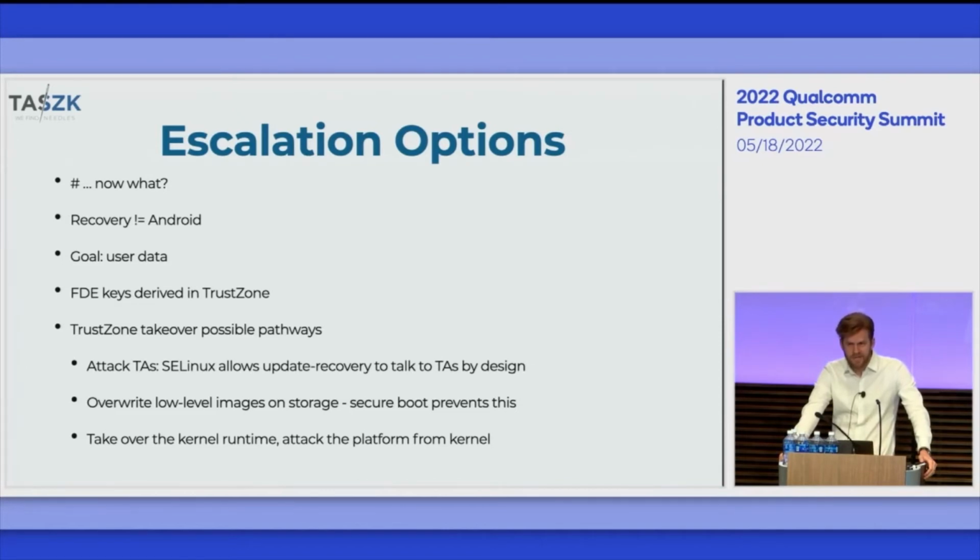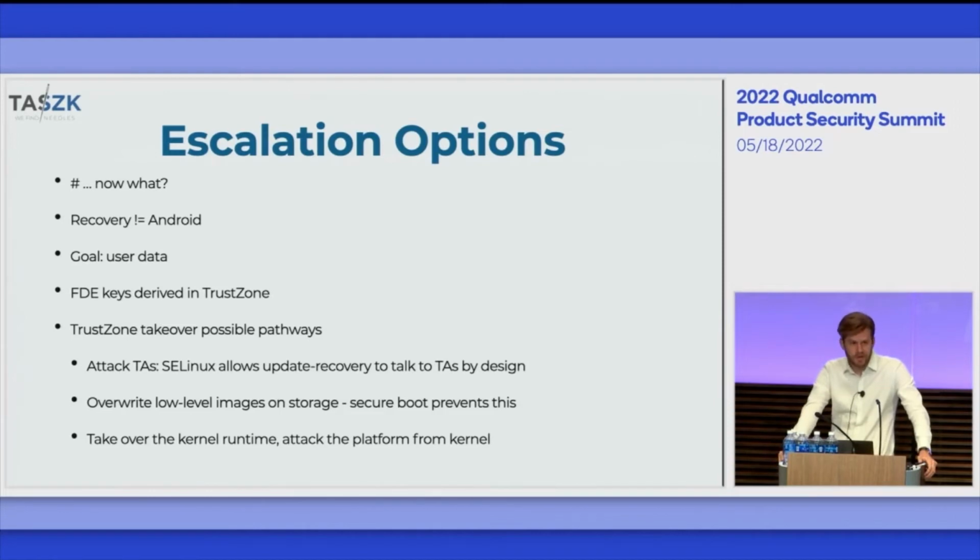Because as much as SE/Linux certainly gets in the way, and I'll talk about that right away, one thing it doesn't stop in this case, when you're in this recovery context, is talking to trust zone. The reason for this is that the update recovery binary by design talks to some trustlets during the normal update process. And so, by the SE/Linux rules, it would be possible to talk to some trustlets from this root process that we end up in.